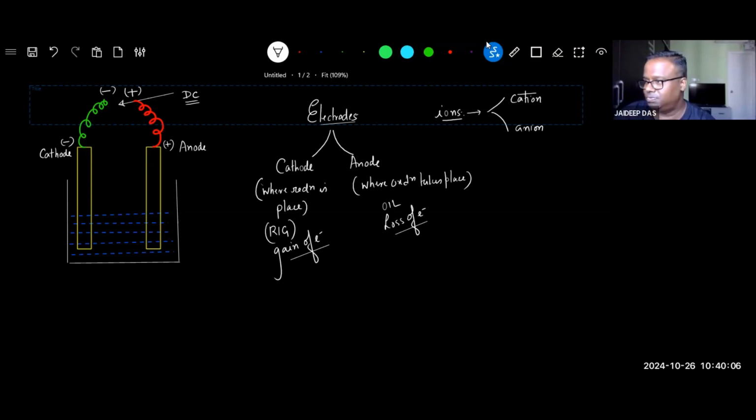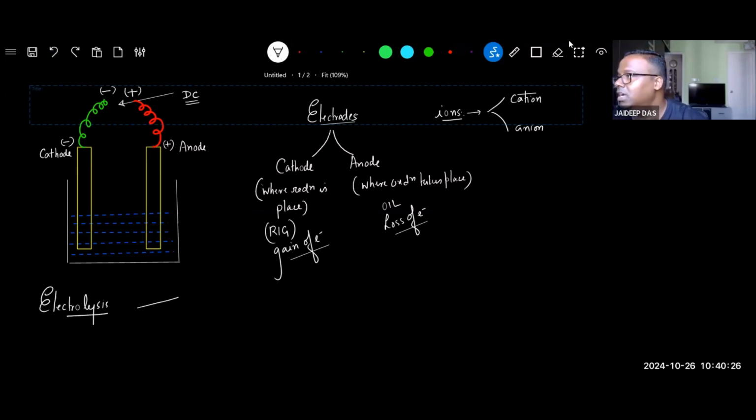Right now, the setup that you are seeing, so far we are talking about a thing called electrolysis. Now this is also very important. Understand electrolysis. What is electrolysis? A process in which, look at my drawing first, then it will be easy for you.